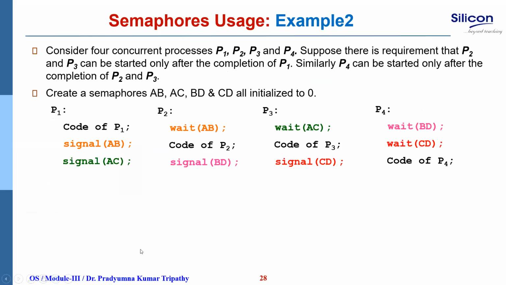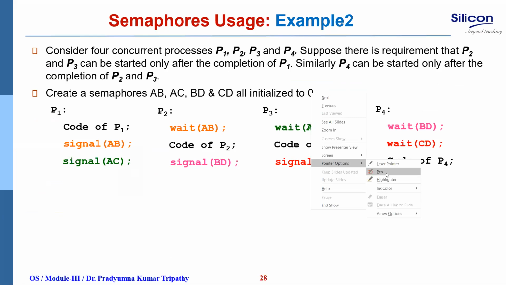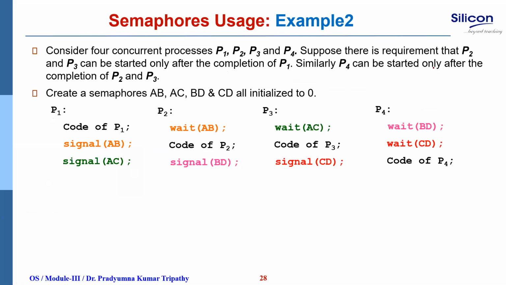Now, what is the order in which you must give the wait and signal so that P2 and P3 can be started only after the completion of P1?